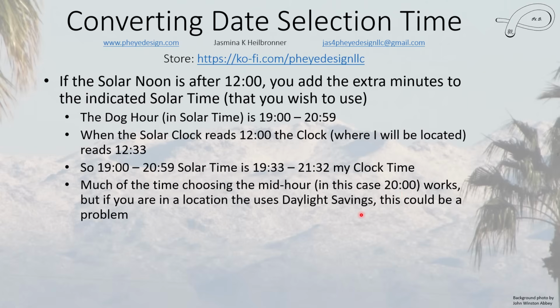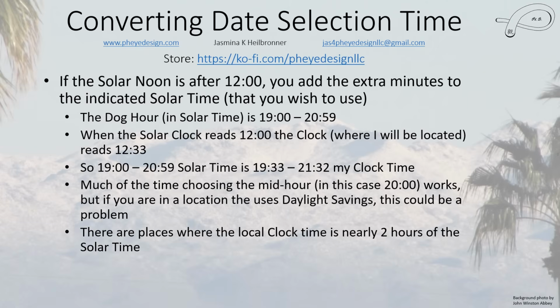But if you are in a daylight saving time situation, this could be a real problem. This is why I really want you to do this, because otherwise you could easily pick the wrong time. Now, there are places, I have actually checked places, and some of them are nearly 2 hours. The clock time is almost 2 hours off of the solar time.